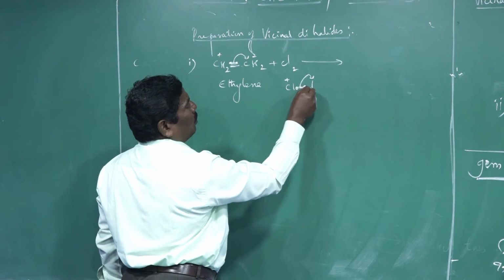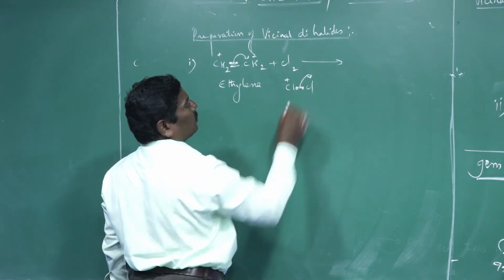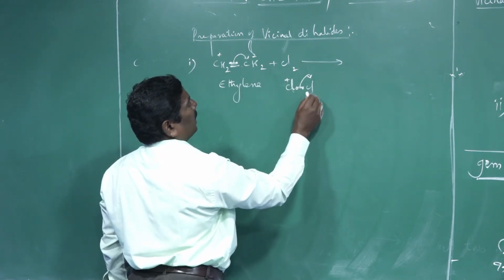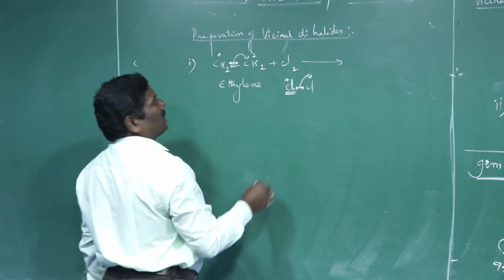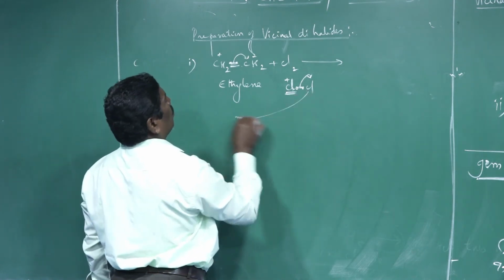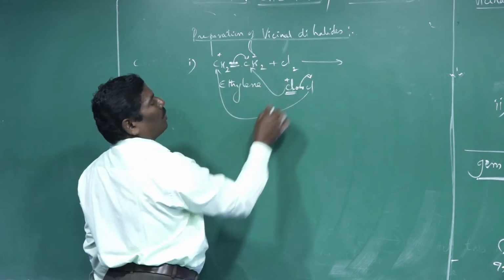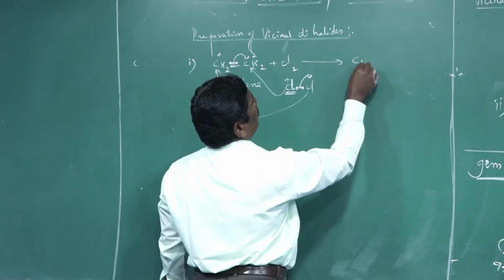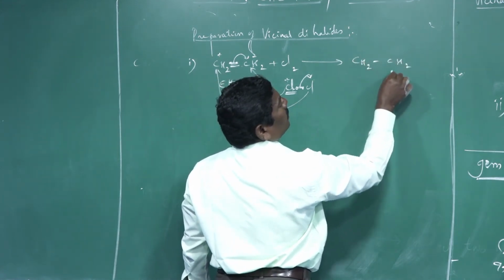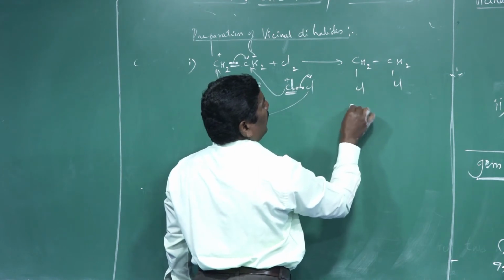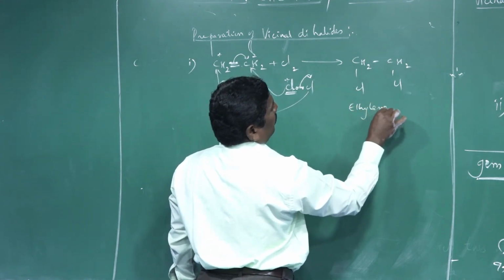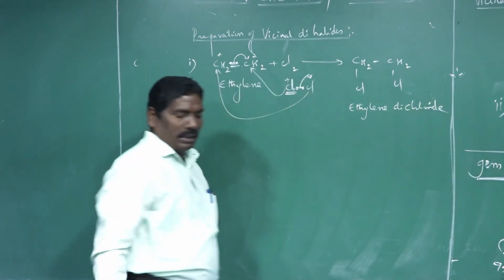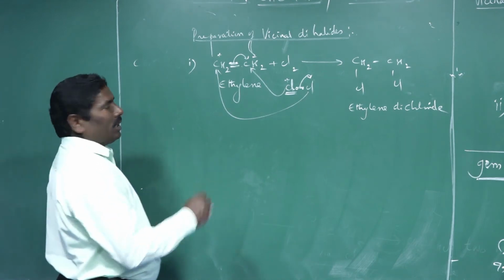The electron drawn carries negative charge, and the electron lost carries positive charge. The positive part approaches the negative part, and the negative part approaches the positive part. The product formed is CH2Cl-CH2Cl, ethylene dichloride.